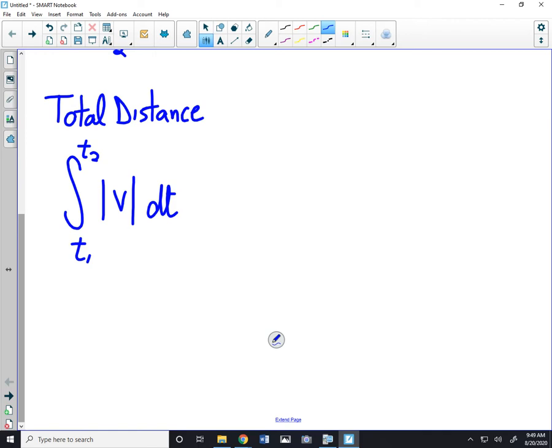Well, in calculus AB, you put your velocity equation in the absolute values in the integral, and it's a piece of cake. In this class, it's a little messy, so let's take a look. We have to integrate the speed. But the speed is not just one equation, the speed is two equations, and this is our problem.